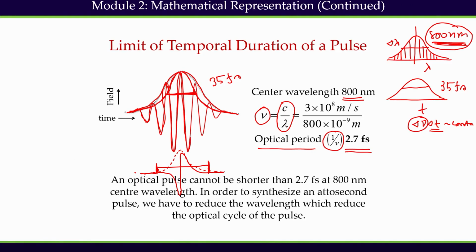In order to obtain a pulse shorter than 1 femtosecond, we need to shorten the wavelength itself, or the optical cycle. This is why an attosecond pulse cannot be generated in the near infrared or visible regime.